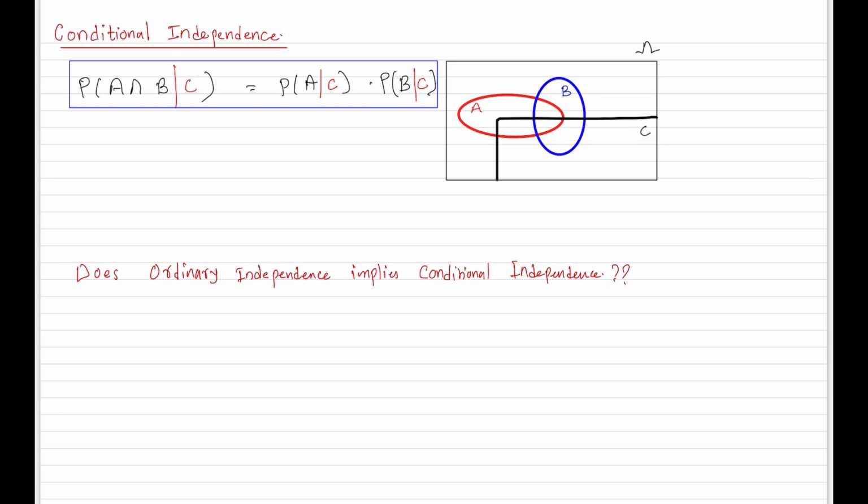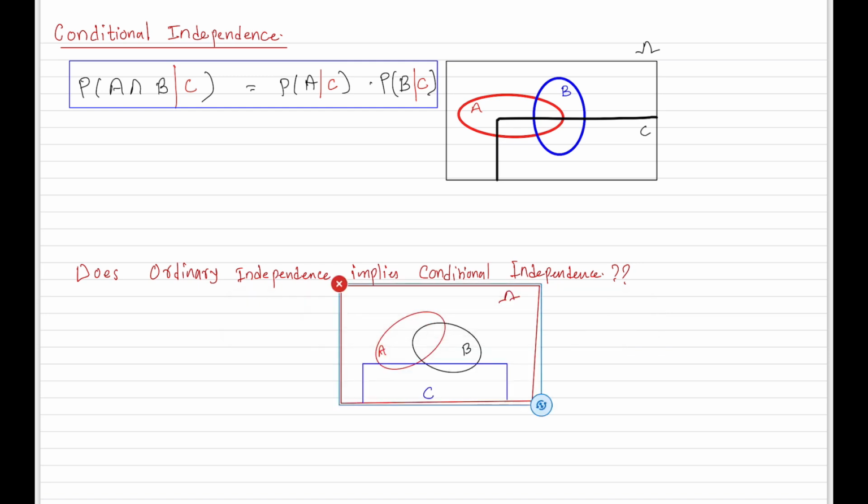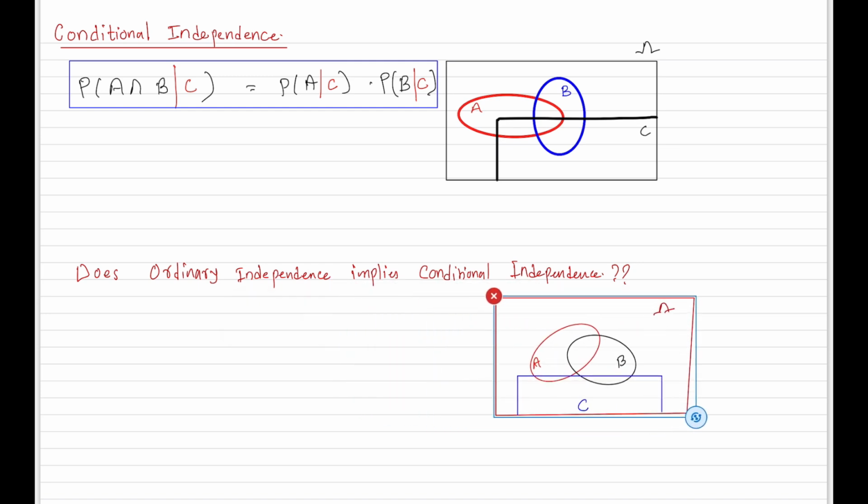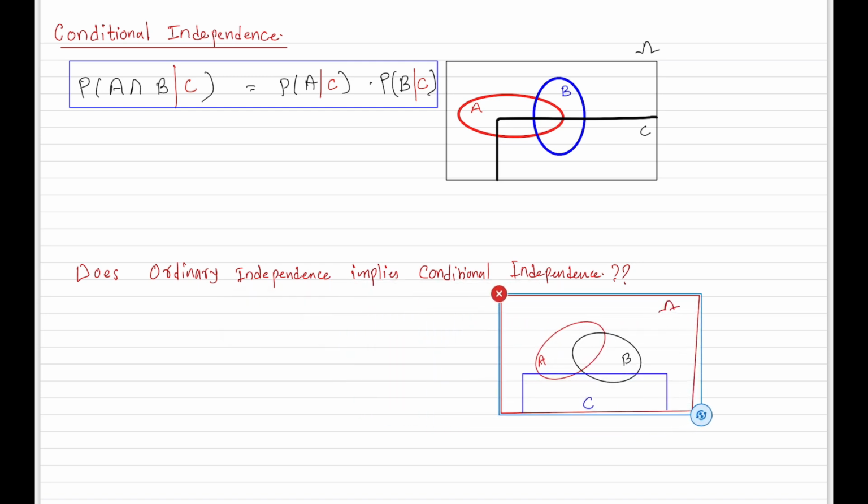So let's look at this problem through an example. The assumption you have to make is that A and B are independent.